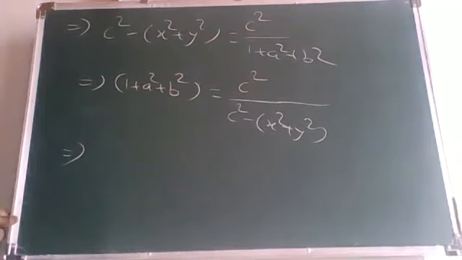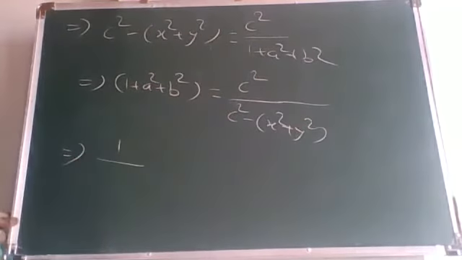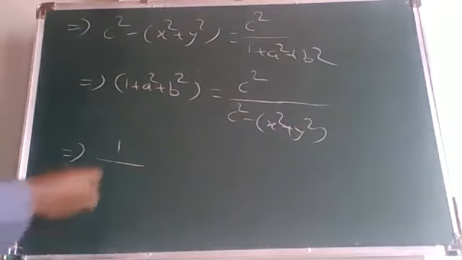That implies I want to take the reciprocal of this and then the square root on both the sides. Otherwise, first take the reciprocal and then take the square root.